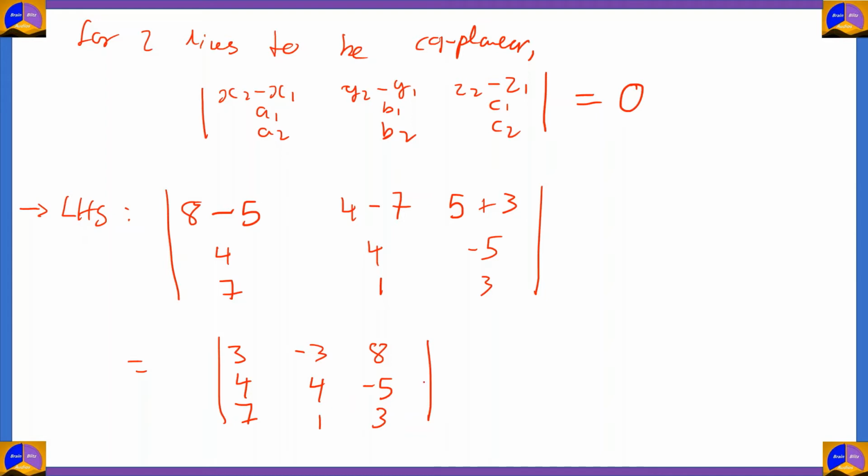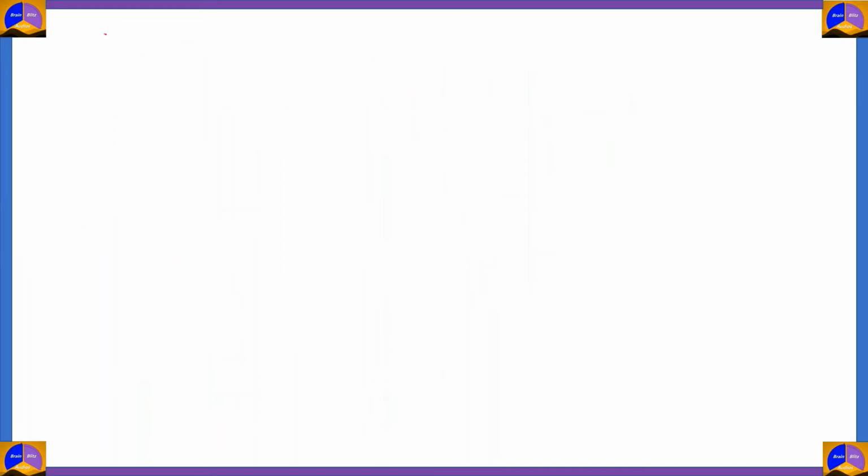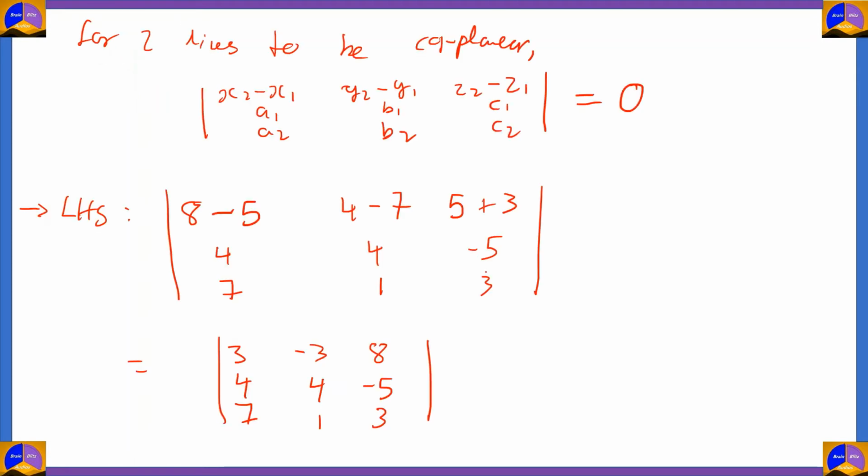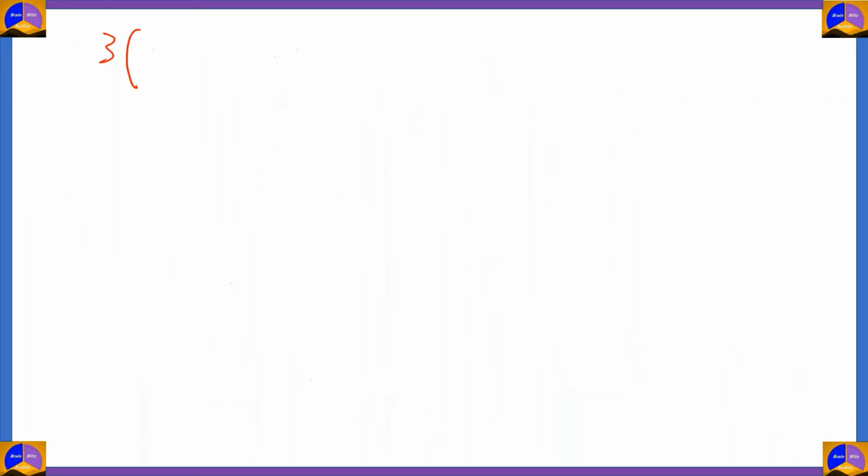And now let's solve it. So we're expanding. What we're doing is we're expanding the determinant along the first row. This kind of operation we've done in the chapter determinants. So let's do it.